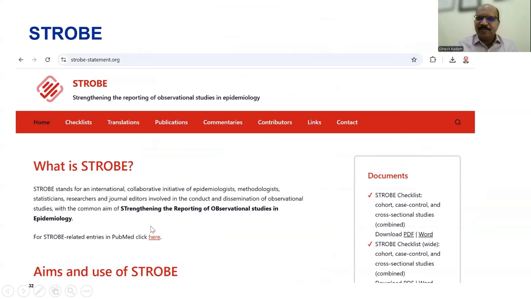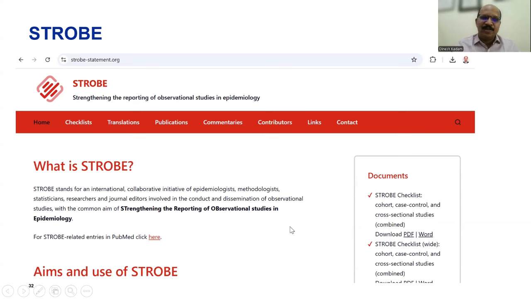This is a checklist for all observational studies, whether cohort studies, case control studies, or cross-sectional studies, where you can have a defined reporting of these. Otherwise, there could be a lot of variables and a lot of change in the quality of the research and articles. So we need to follow it because most of the journals will ask whether you have followed the STROBE guidelines.